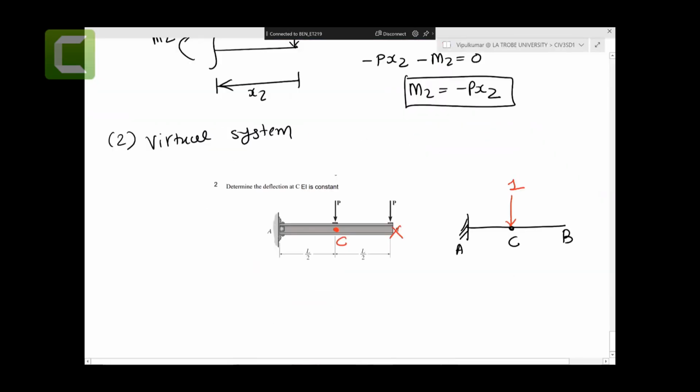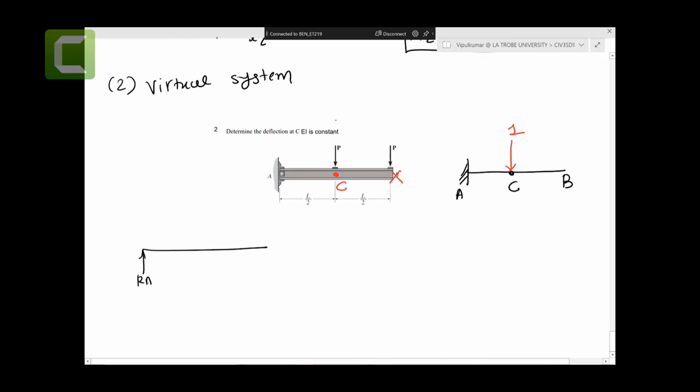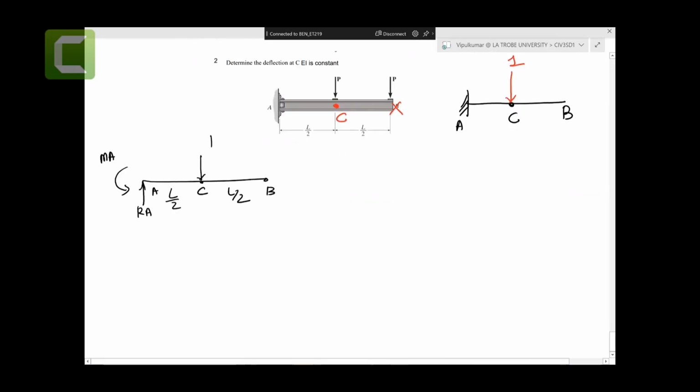We find the reaction forces first. Horizontal reaction RA is 0. Reaction MA, points A, C, B. We have 1 here, no units. Then sum of the moment at A equals 0, anti-clockwise is positive: minus 1 times L by 2 plus MA equals 0, so MA is equal to L by 2.